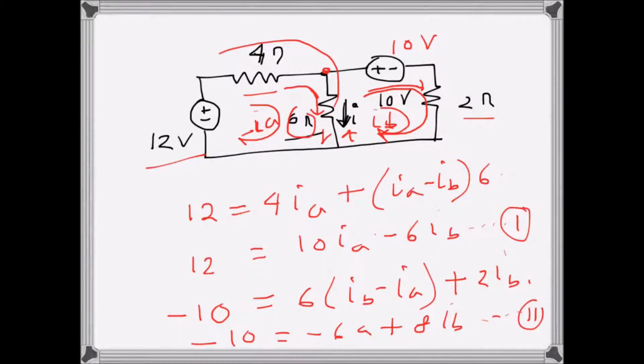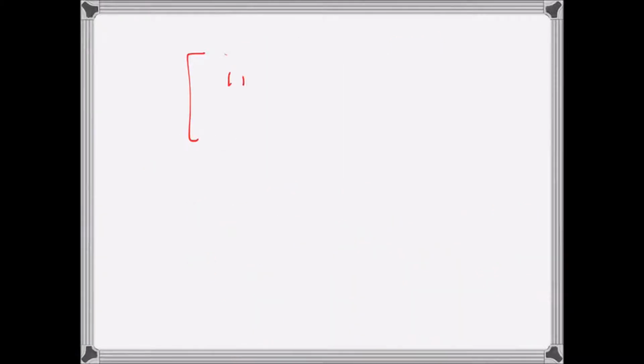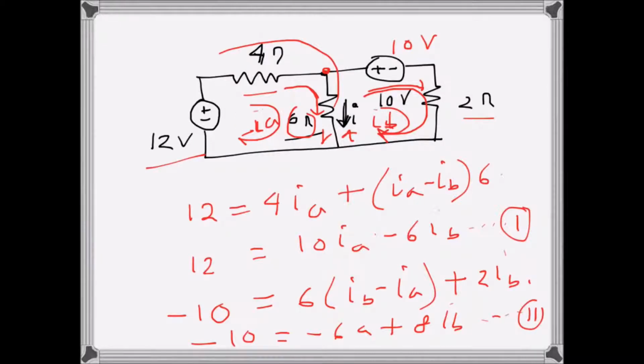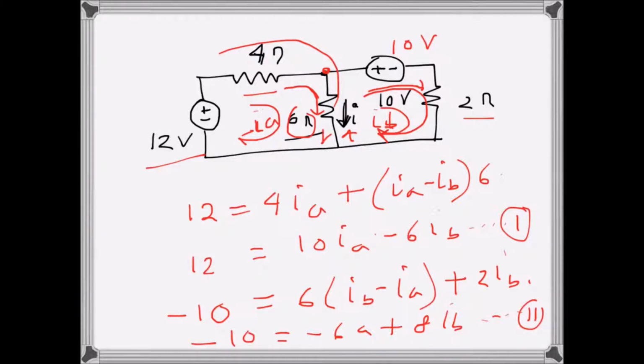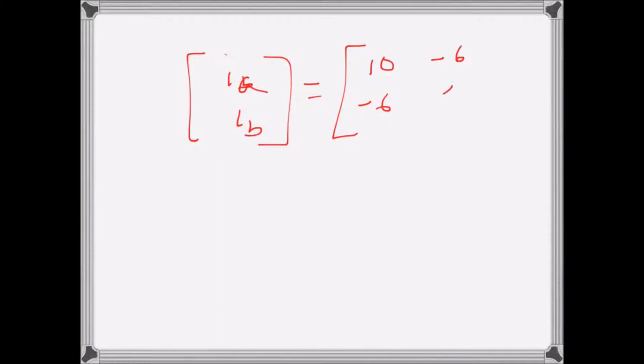Now if I write these equations in matrix form, it can be written like that. IA and IB, with the coefficient matrix 10, minus 6, and minus 6, 8, and the right hand side 12 and minus 10.